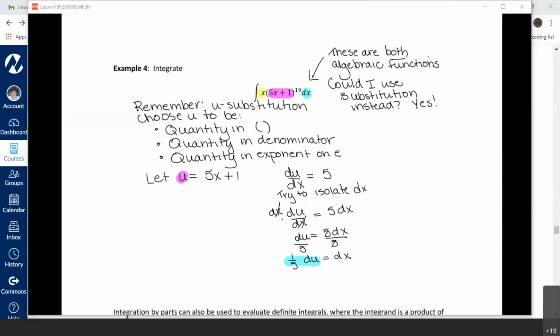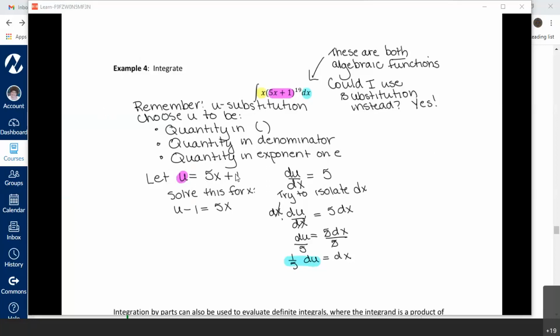Now here's where the insight comes in. See this equation that says u equals 5x plus 1? You can solve that for x. The first thing I'm going to do is subtract 1 from both sides. That gives me u minus 1 is 5x.